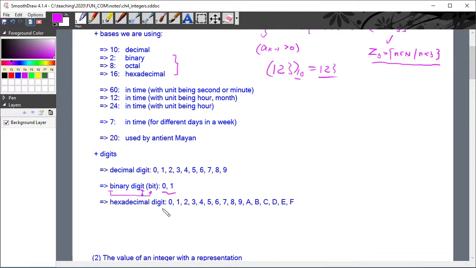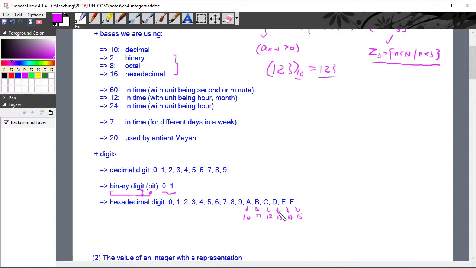And as to the hexadecimal digits, we have from 0 to 15. 15 is 1 less than 16. But usually to represent a hexadecimal number, we are going to use 0 to 9, a total of 10, and in addition to that, 6 English letters, A, B, C, D, E, F. A represents 10, B represents 11, C is 12, D is 13, E is 14, and F is 15.